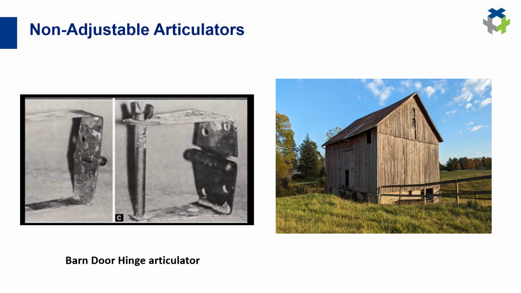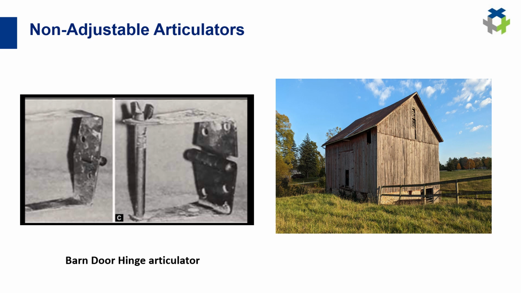One of the earliest articulators used in dentistry before the invention of the modern day articulators was the barn door hinge articulator. The term barn refers to a small house or a shelter or a building which was used to store either food grains or animals.